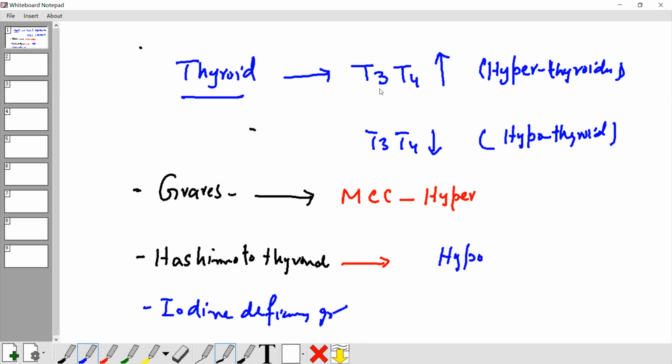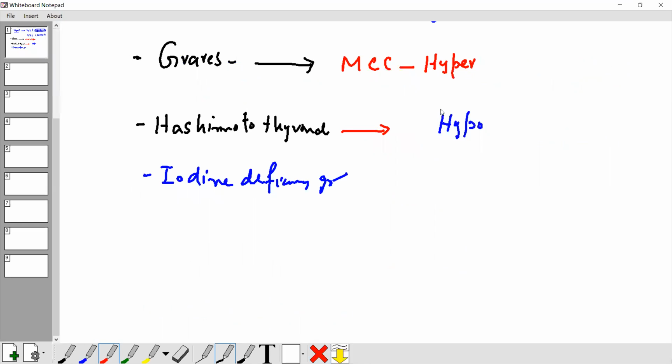If the patient has hyperthyroidism, then we need to use drugs to block the production, to block the activation of this hormone. For simplicity, first we look at the case of hypo.